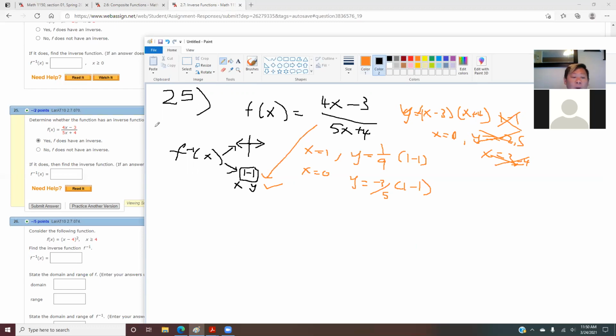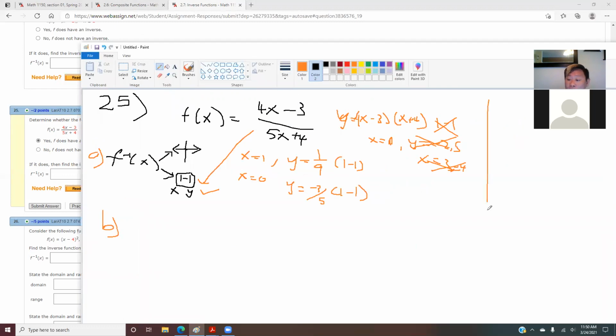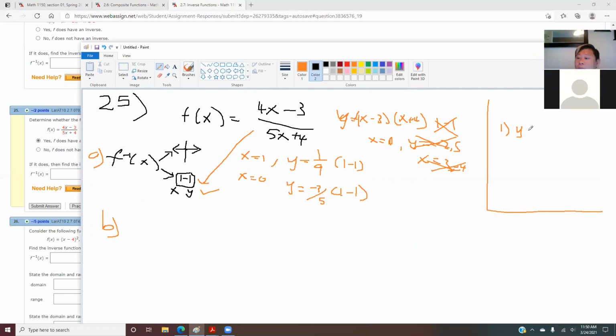So the next question asks how you find the inverse function. Again, we use the same 3 steps. Interchange your y and x. Then solve for y. Then write your y as f inverse of x.